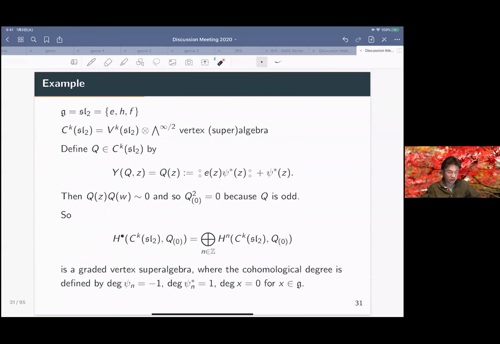And the cohomological degree is taken so that I consider this psi has degree -1, and this one has degree 1, and the other elements have degree 0. So this is a graded space, and this is the structure of a vertex superalgebra.